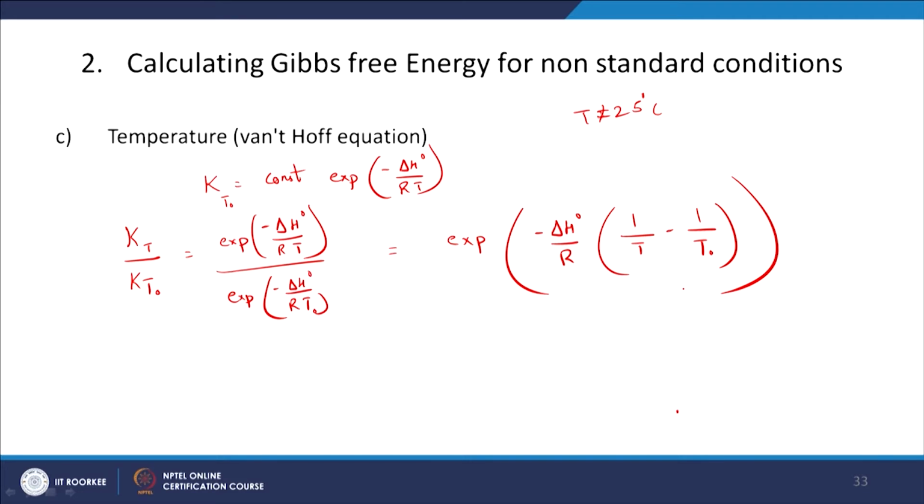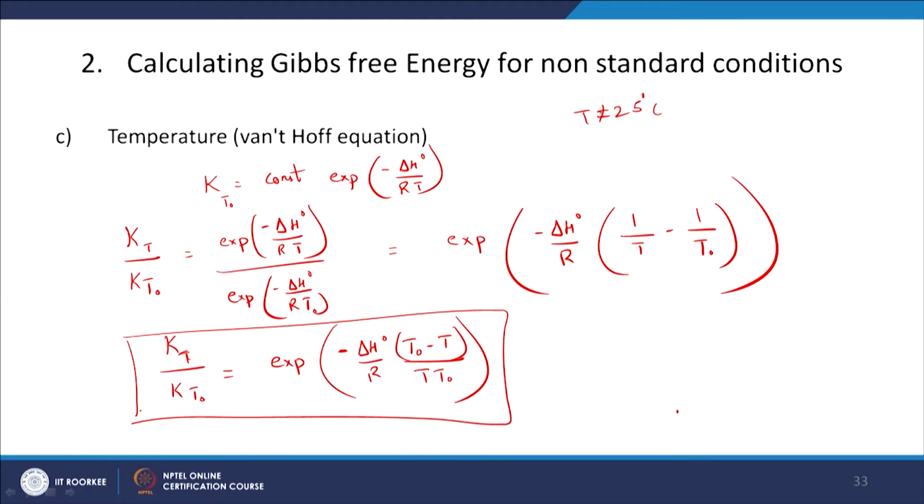If we simplify further, K at T by K at T naught is equal to exponential of minus delta H naught by R into (T naught minus T) by T T naught. This is what we have here. Let us try to understand the system. This is the final equation that we are looking at.